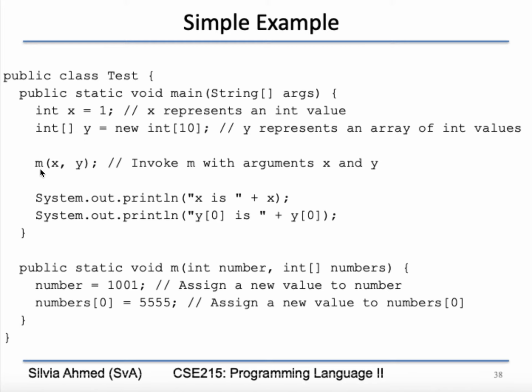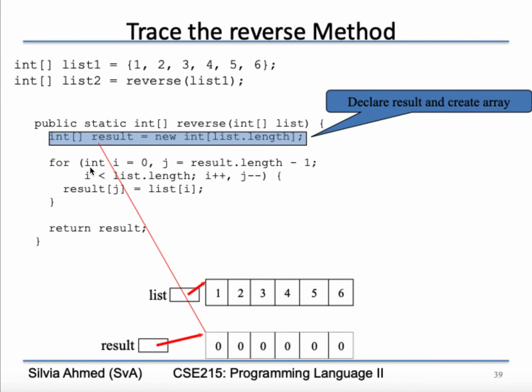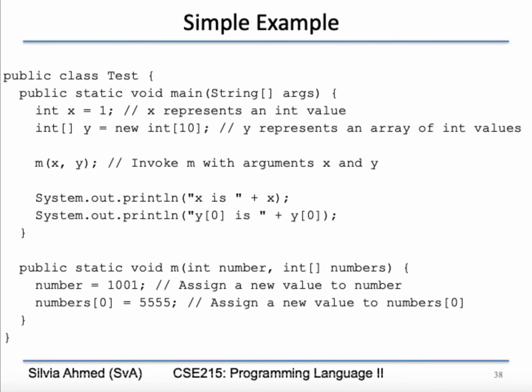When we call the m method passing x and y, the value 1 from x passes to number, and from y the address is passed. The location of this array is passed through numbers.